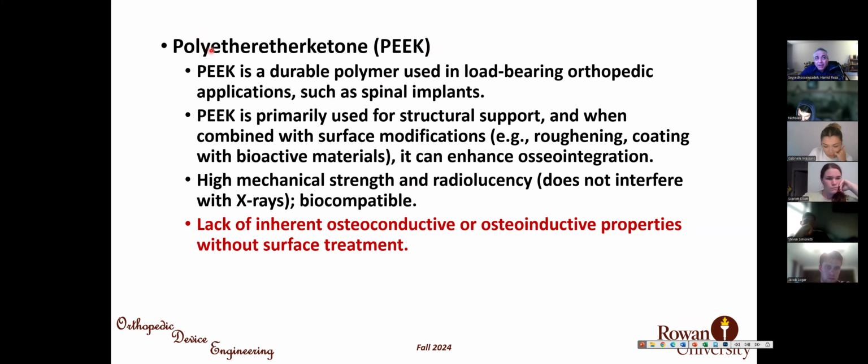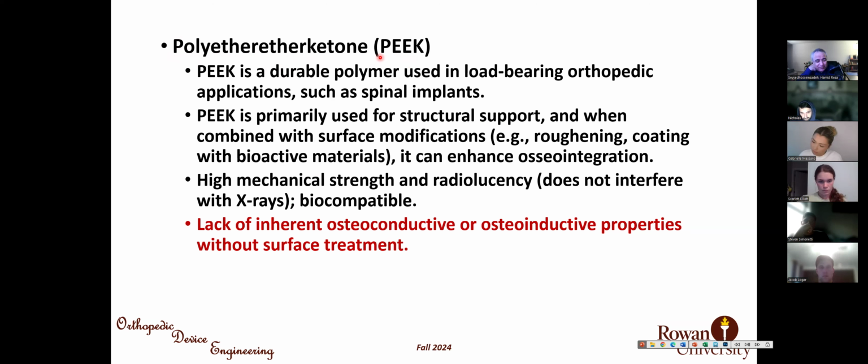Two weeks ago, the first knee implant made of PEEK was approved by FDA, Food and Drug Administration, not for clinical use, for research.